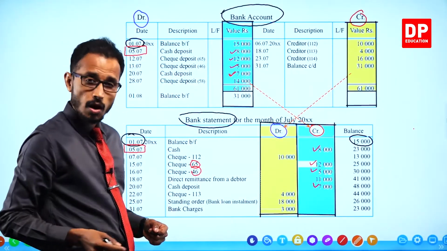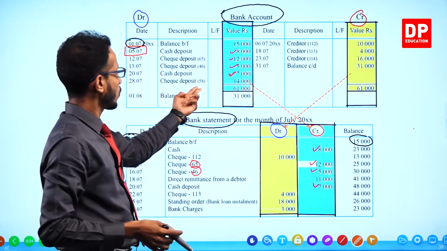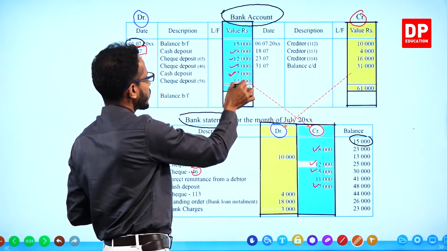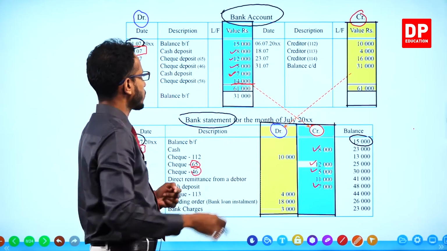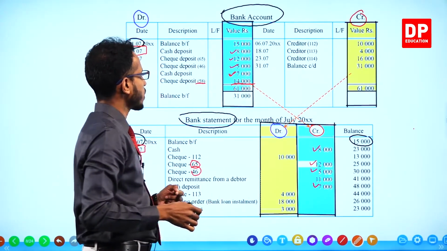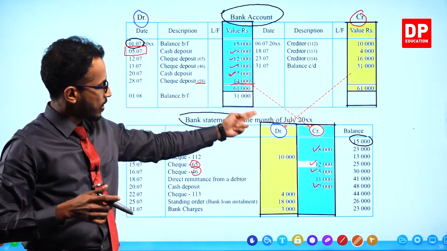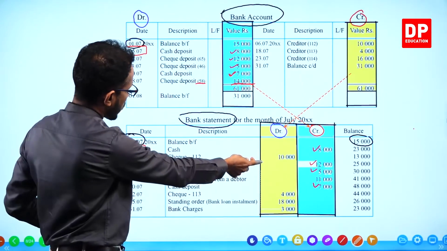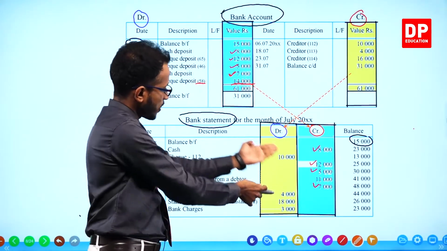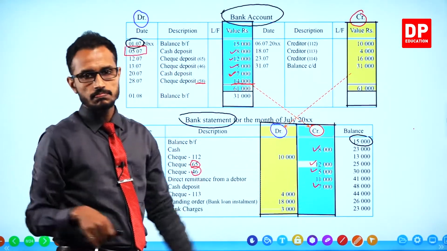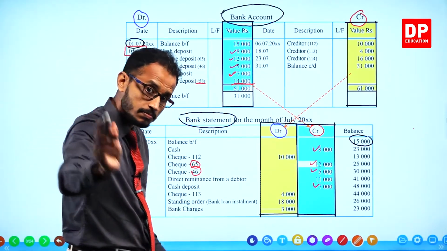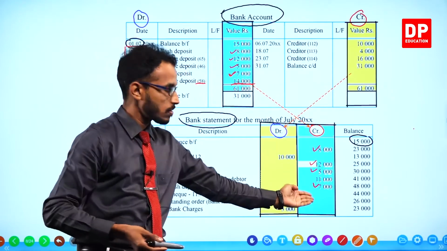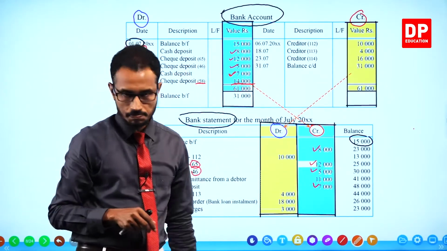Finally, we have one more check here. Check number 58, 14,000. This is what I'm talking about. Check number 58, 14,000. Is it there in the credit column? No, it's not there.